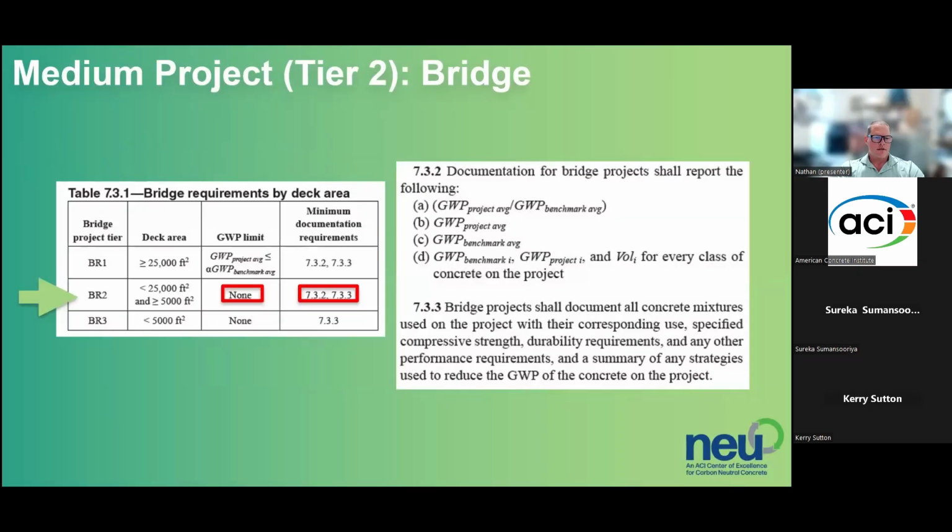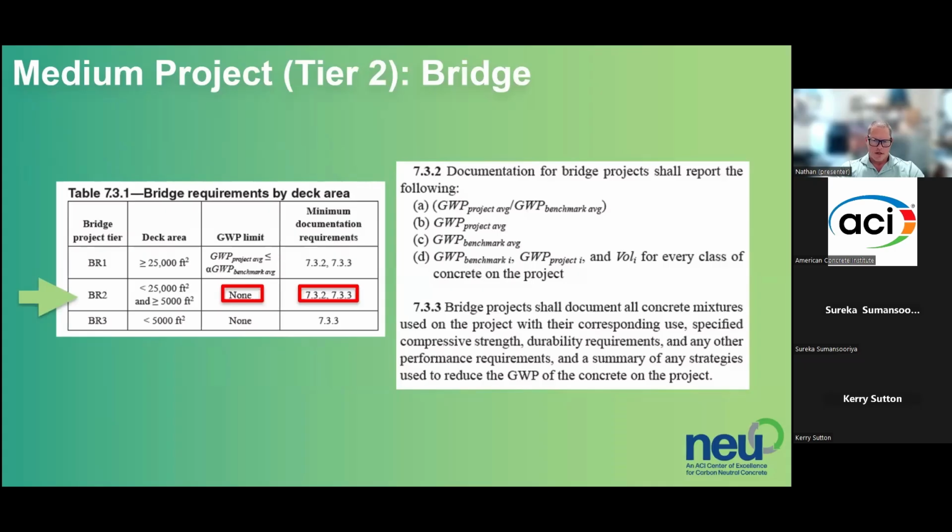Take a look again, table 7.3.1, and we see that for a bridge between 5,000 and 25,000 square feet, it is a tier 2 project. Again, we have no GWP limit, but we do have a little bit more documentation requirements.